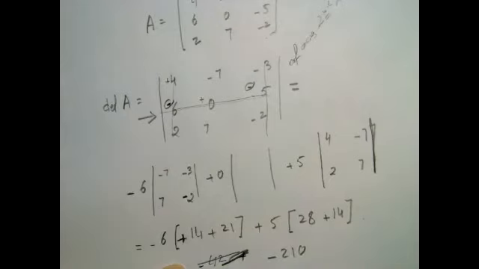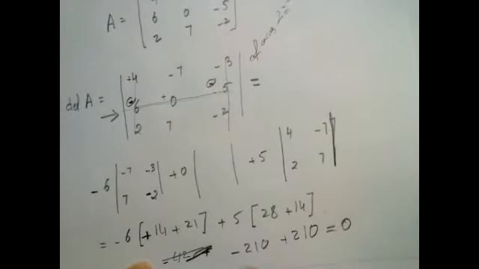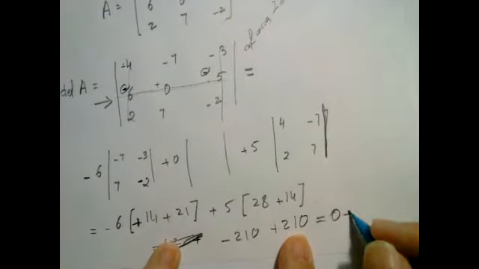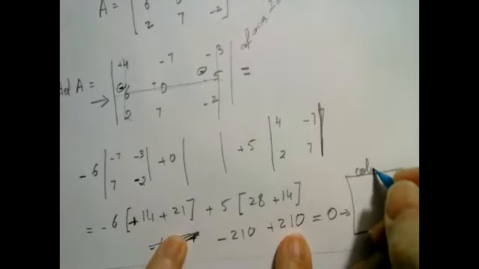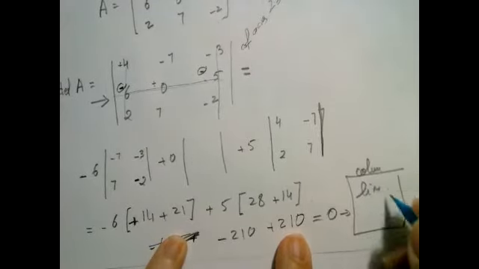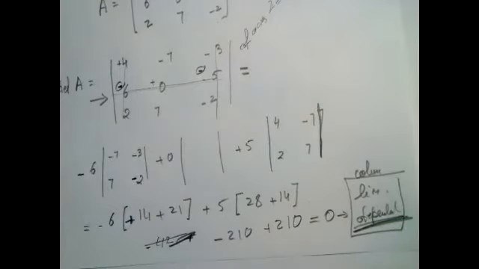And this is giving me 28 plus 14 times 5, plus 210. So this is giving me equal to 0. Since the determinant equals 0, it means the columns are linearly dependent.